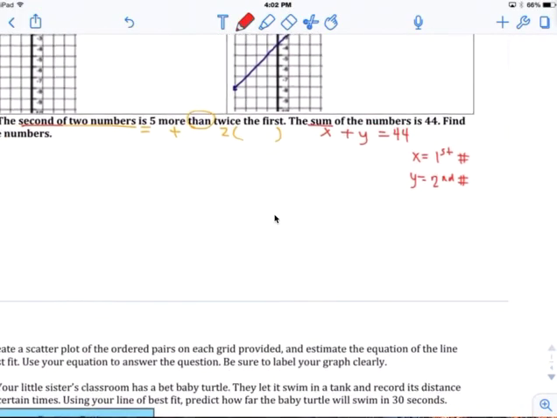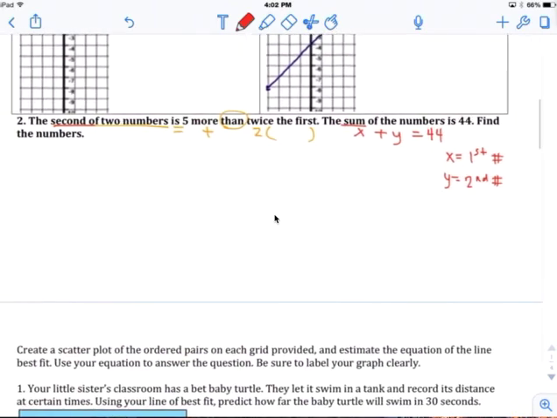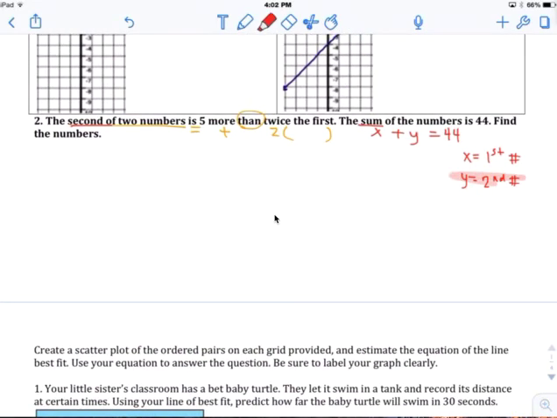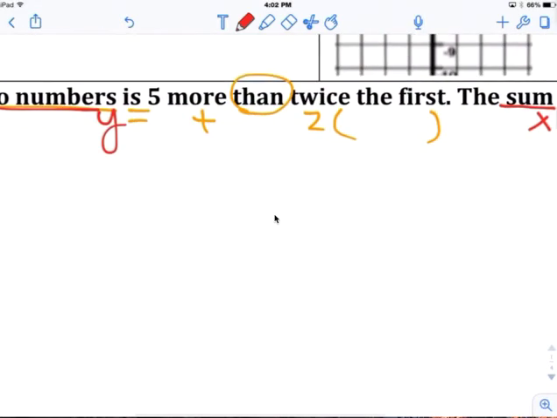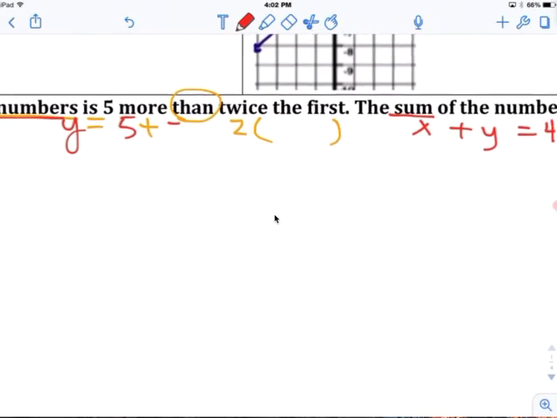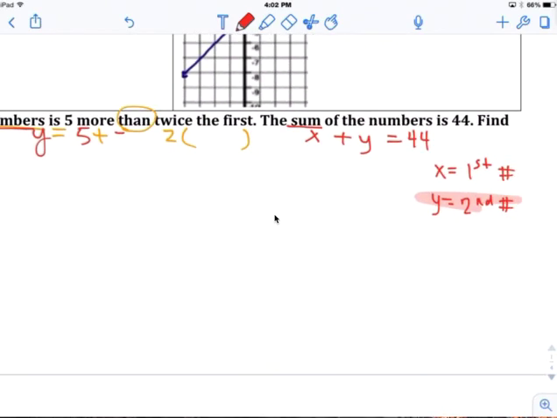This says the second of the two numbers, which is y, is 5 plus twice, 2 times the first number. The first is x right there.